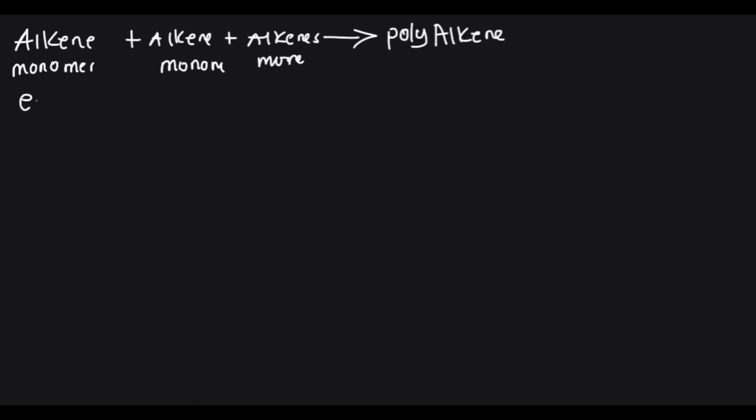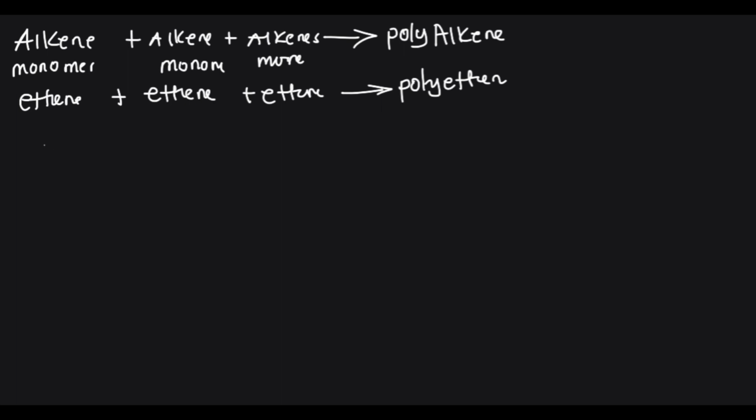Let's say we use the monomer ethene plus ethene plus another ethene. What is the name of this particular polymer? This polymer is polyethene. If the monomers were butene, the polymer would have been polybutene. So that's a pattern that you need to follow whenever you're looking at addition polymerization.